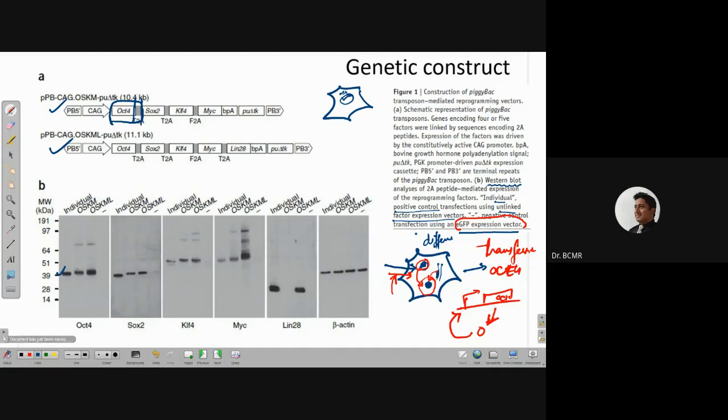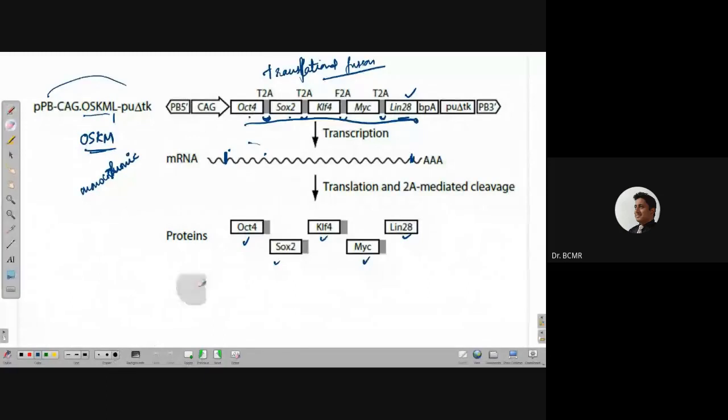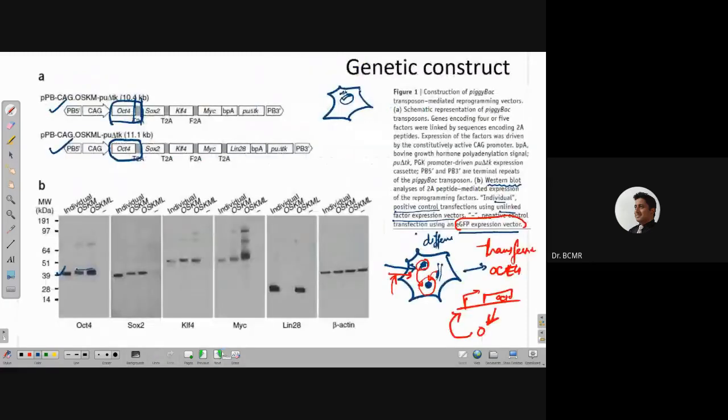And that's why you see that these two bands are a little higher, because they are coming with the extra weight of the T2A peptide. Right? You can see it here, isn't it? OCT4, SOX2, KLF, and CMYC have this extra piece of the self-cleaving peptide, and Lin28, or whichever is the last one, does not have it. So try to see if you can observe that kind of thing here or not.